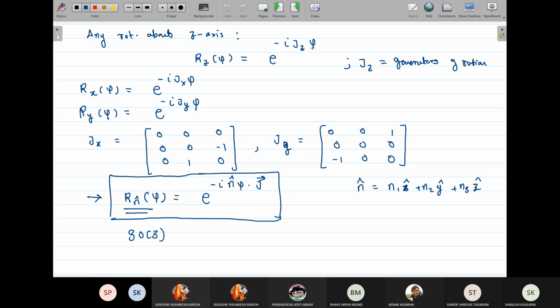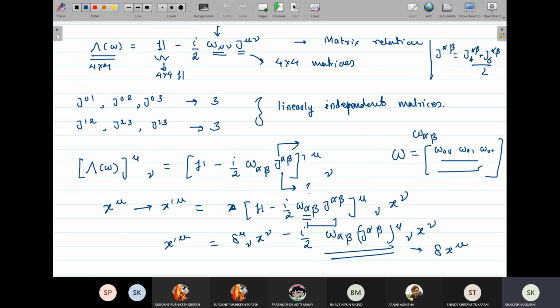Is it clear? So any infinitesimal Lorentz transformation can be written in this form, where J mu nu represent the matrices. Now I have to give a specific representation to these matrices.